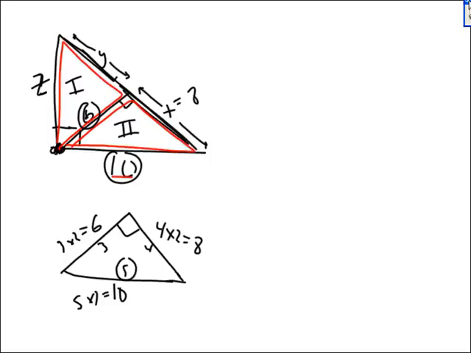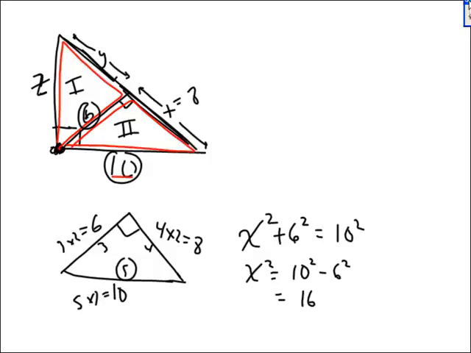Or, if you really want to do it painfully, you can go x squared plus 6 squared is 10 squared. X squared is 10 squared minus 6 squared. 10 plus 6 is 16, 10 minus 6 is 4, and 16 times 4 is 64. X squared is 64, so x is plus or minus 8. But since it's the length of a side of a triangle, it's not negative, so it's positive 8.